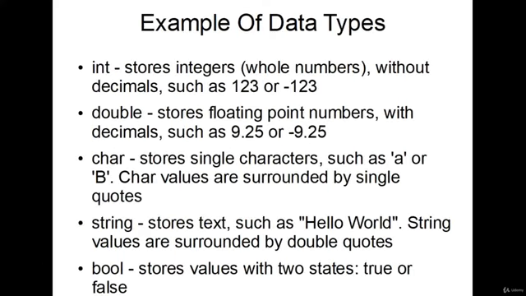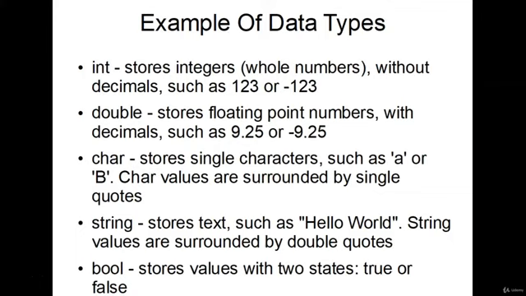And these are some examples of the primitive data types. Far from all, but just wanted to give you guys some examples. So we have the int that stores whole numbers, for example 123 or negative 123. The double stores decimal floating points. The char stores a single character.